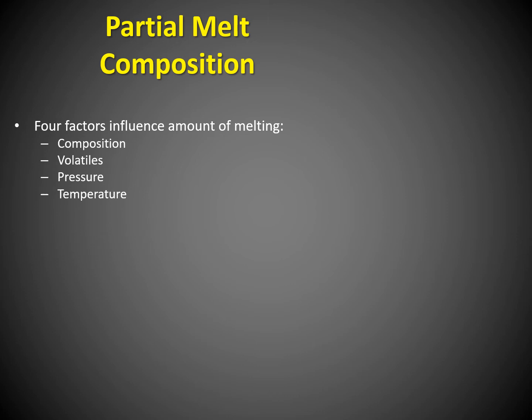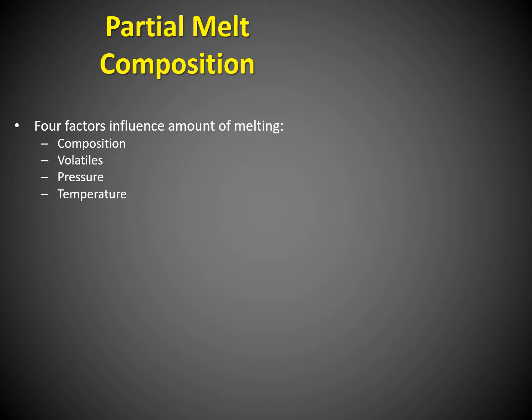The hotter the temperatures, the closer you can get to the melting point, and once you do start melting, the more melting you're going to get. Pressure plays a role. The lower the pressure, the more things tend to melt. But then, as we just mentioned, water. Volatiles can change the melting points of different minerals. It can lower them.